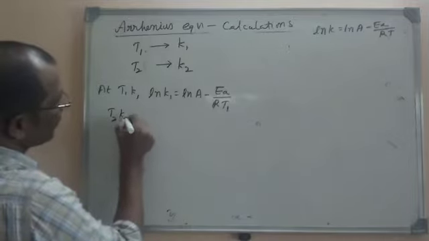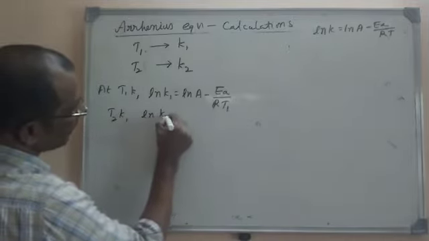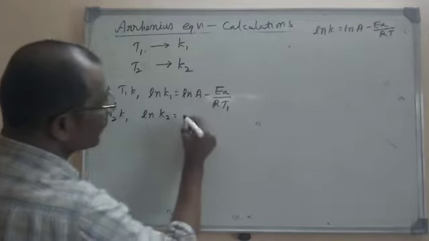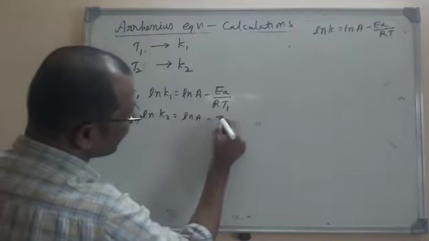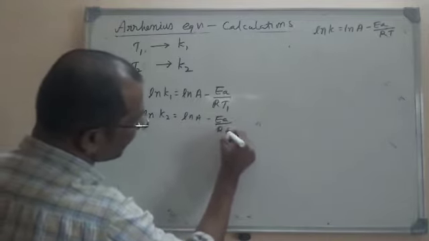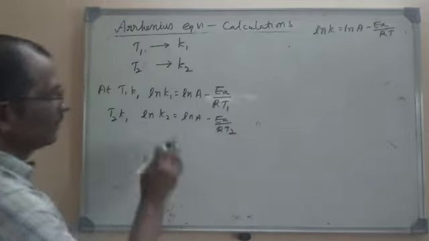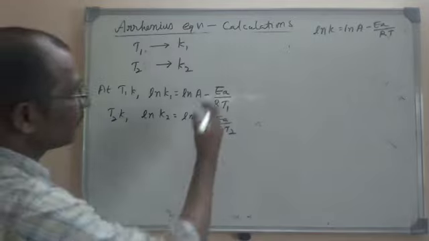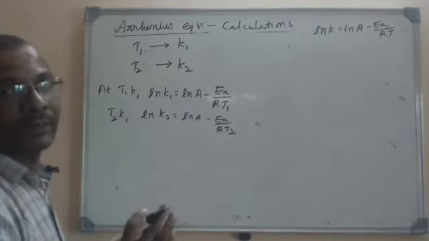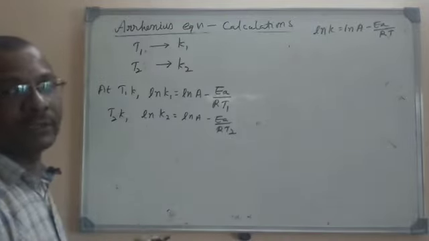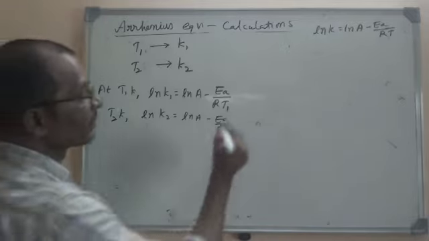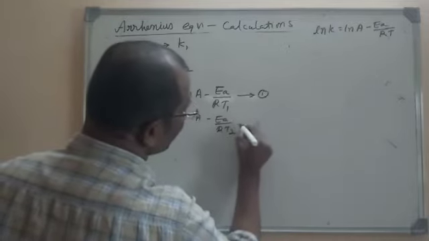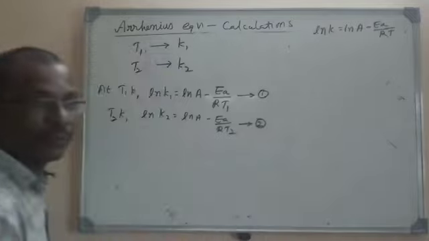Similarly, at T2 Kelvin, ln k2 is equal to ln A minus EA by R T2. Look here, at T1 Kelvin, we just put k1 in place of k. Everything else is the same. Only k is replaced by k1 and k2 and T is replaced by T1 and T2. Now let this be equation 1 and this equation 2.